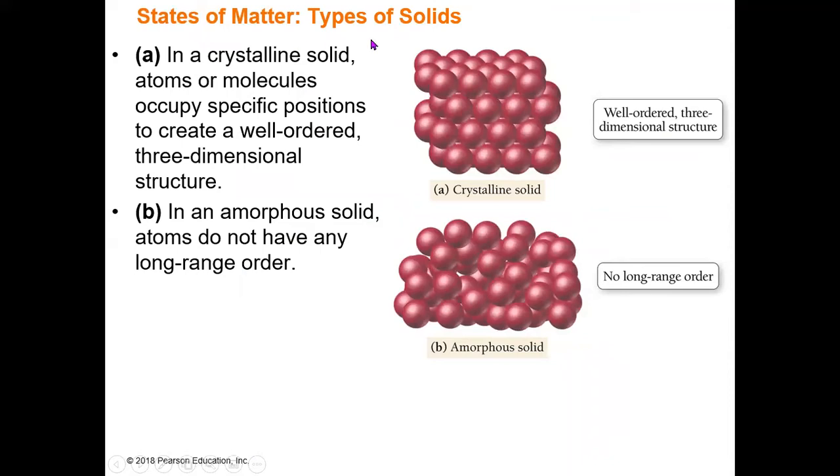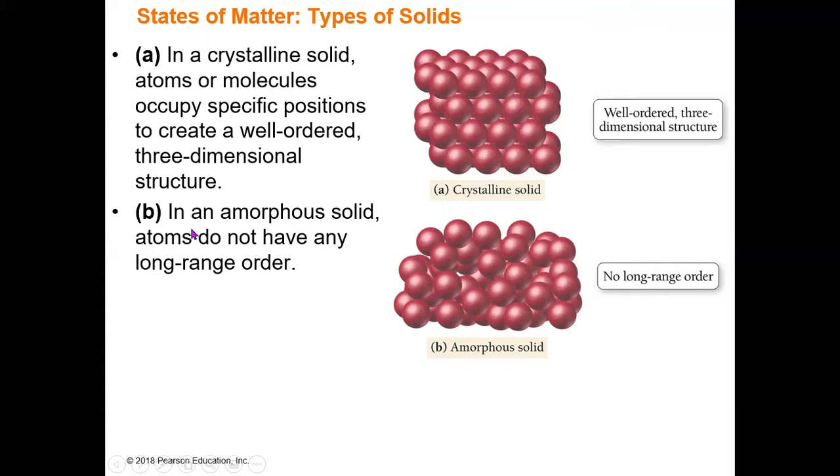State of matter: types of solid. A. In a crystalline solid, atoms or molecules occupy specific positions to create a well-ordered three-dimensional structure. So we see this is a crystalline solid. It's a well-ordered three-dimensional structure. We see this pattern, atom, atom, atom, horizontally, vertically, or in other directions.